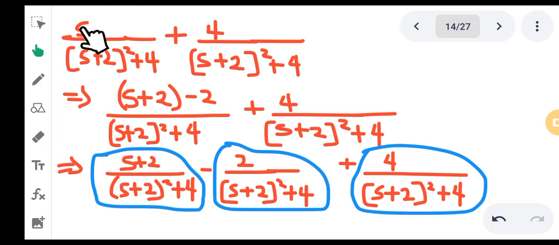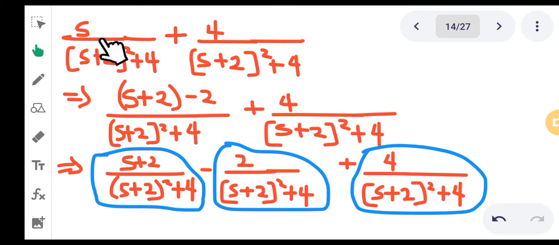Okay, so this is what I intend to do. We know that s is here, and with this denominator, we don't have any Laplace table that relates to it. Okay, it becomes very difficult for us to do that. Someone may ask, why did I add the 2 and at the same time subtract the 2? You know that I have done nothing to the question. The question was s over s plus 2 all square plus 4.